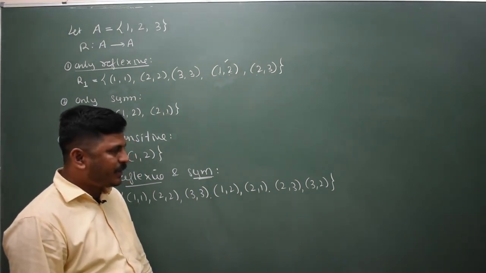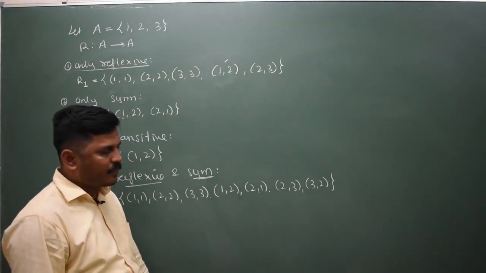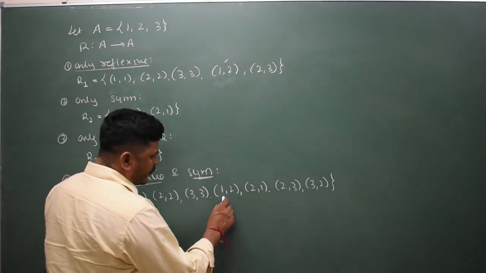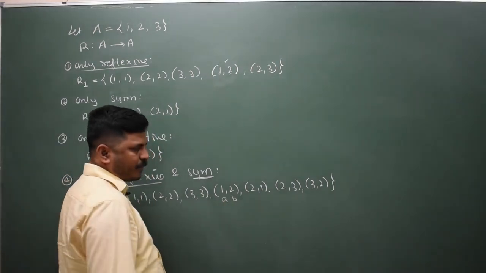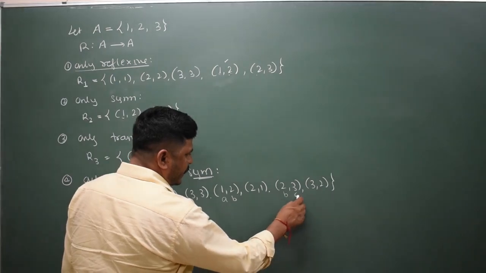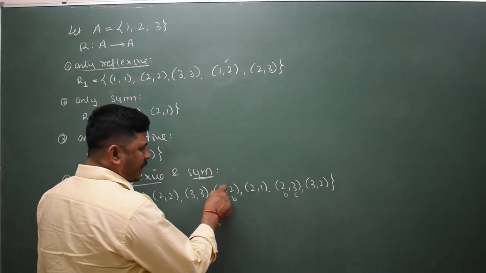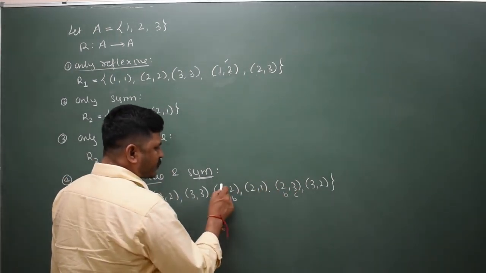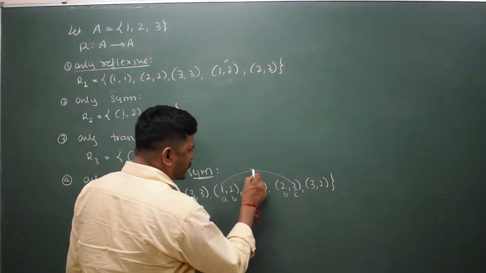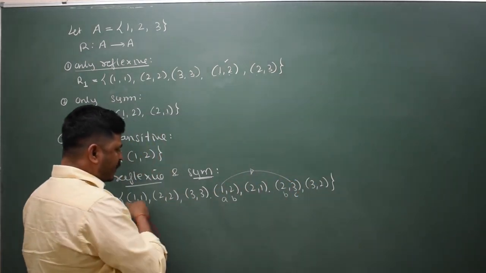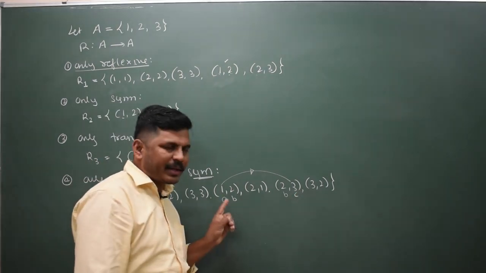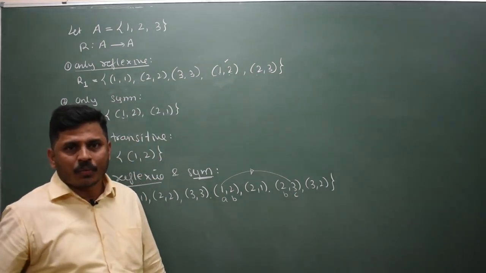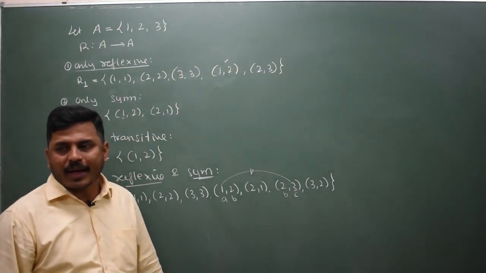Is it transitive? Check once. If A is related to B and B is related to C, then A is related to C. That is, 1 comma 3 must be there in the relation. Is 1 comma 3 there in the relation? No. 1 comma 3 is not there in the relation.